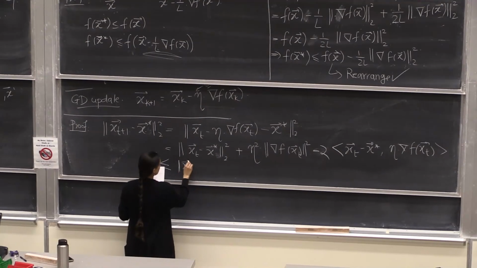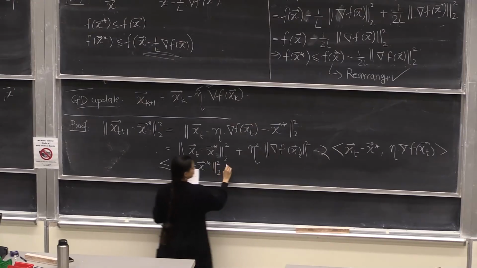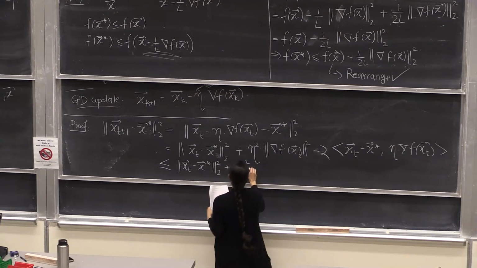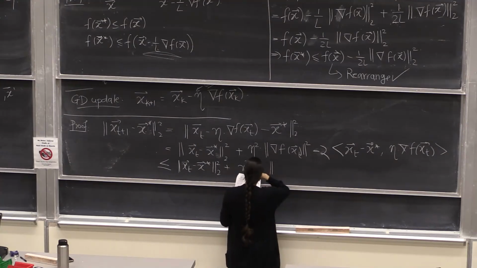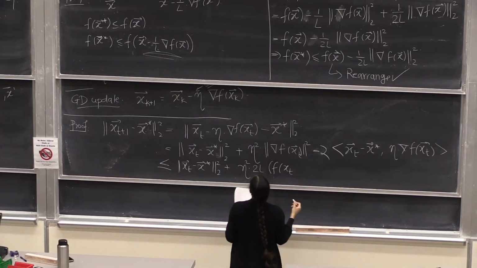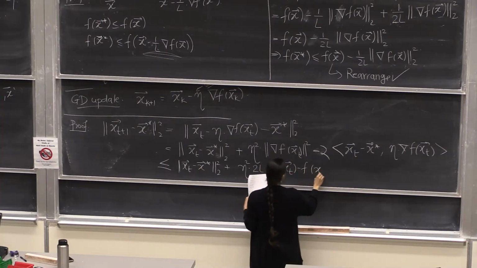So this is xt minus x star, plus eta squared times 2L times now f of xt minus f of x star.